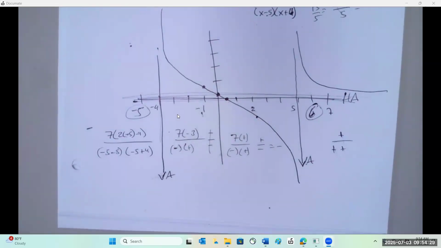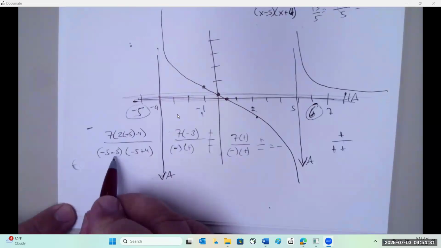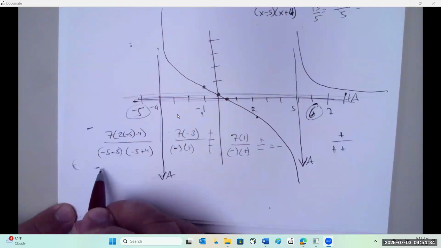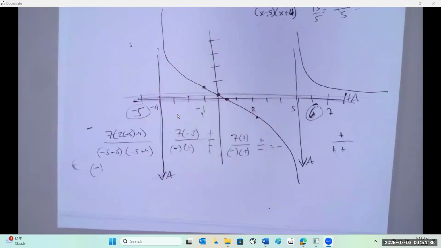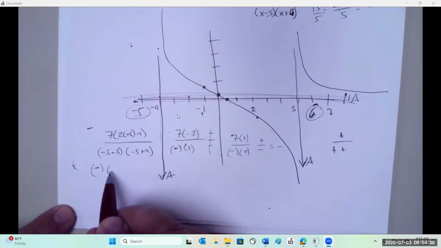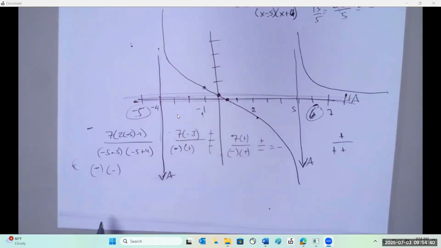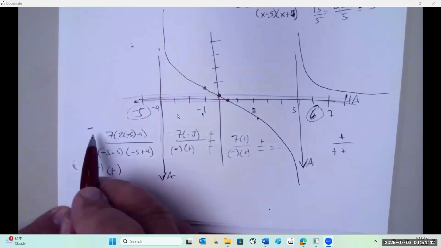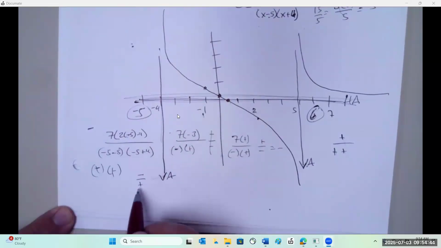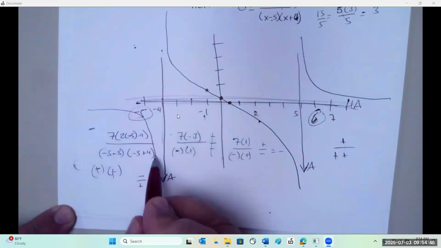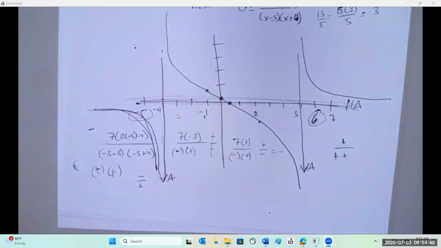So it's negative. -5 minus 5 is -10. It's negative. -5 plus 4 is negative. Negative becomes a positive. So we have a negative over a positive. So this one's going to be a negative answer. It has to be down there. All I'm looking at is, is the answer positive or negative? If it's positive, it's above the x-axis. If it's negative, it's below the x-axis.